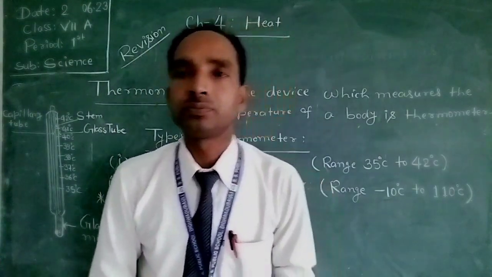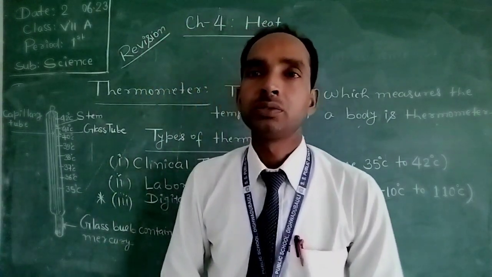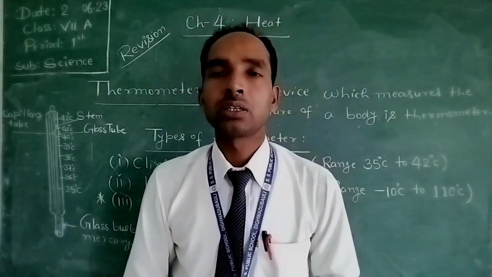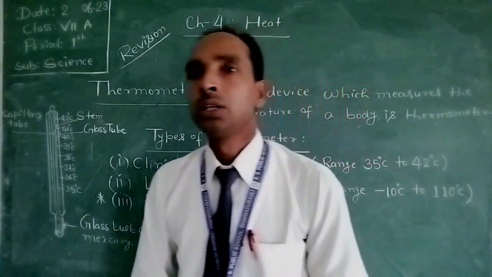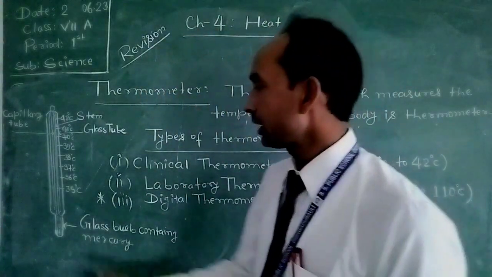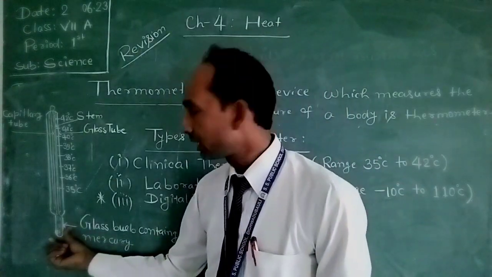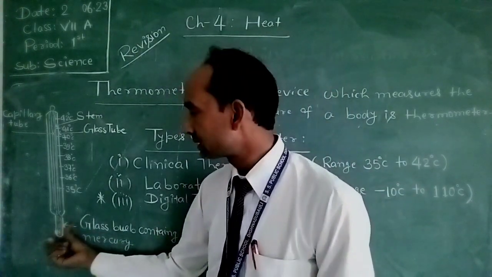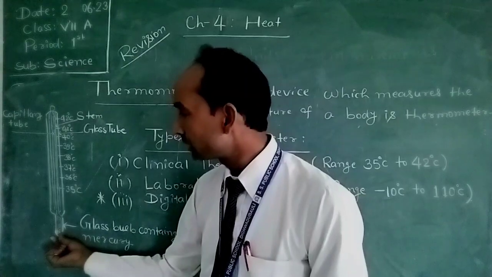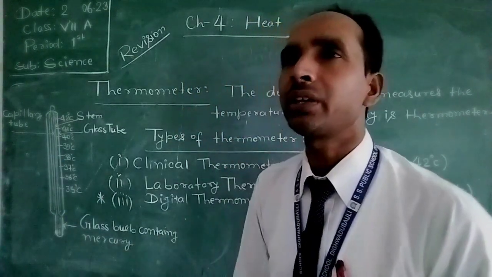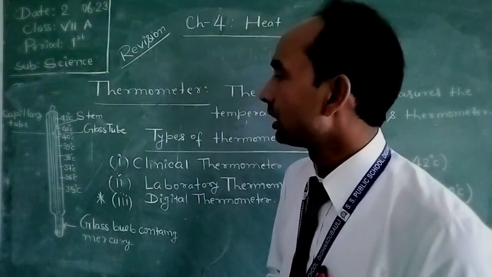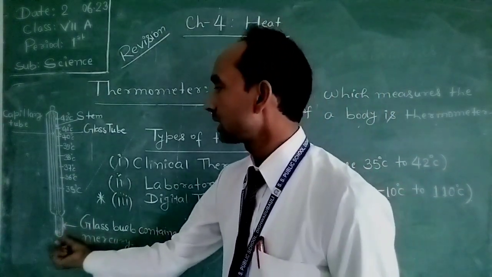Mercury is a metal which is found in liquid form, and it is a good conductor of heat. So whenever the temperature of any object or body rises, the mercury rises in the capillary tube. Capillary tube means a very fine hole through which mercury rises.